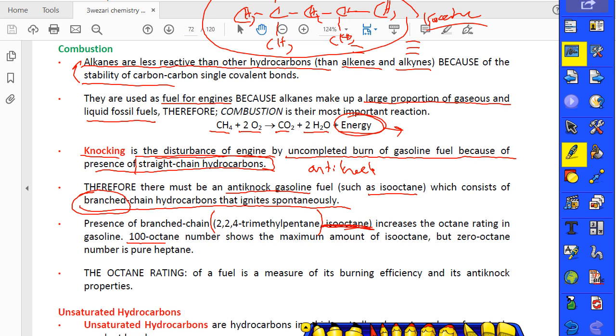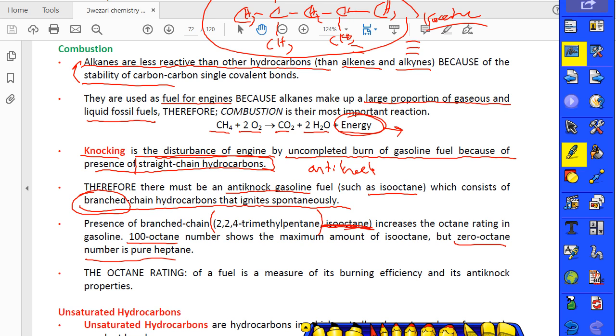For example, 100 octane means you have 100% isooctane and 0% straight chain carbon. But zero octane gasoline means it doesn't contain isooctane. It has only heptane, meaning straight chain. It doesn't have any branched chain hydrocarbons.